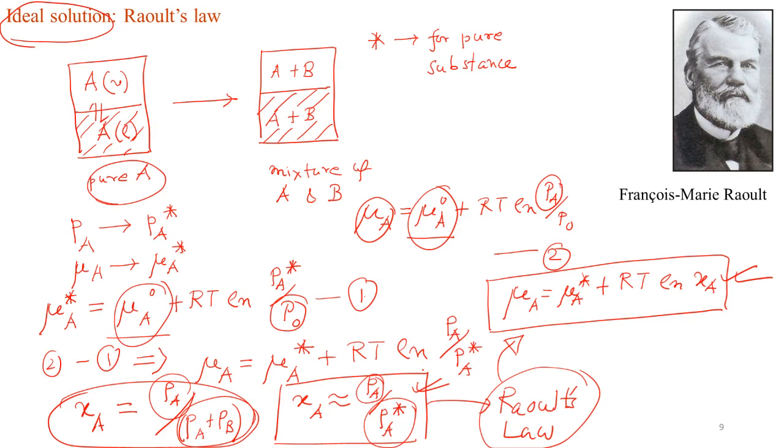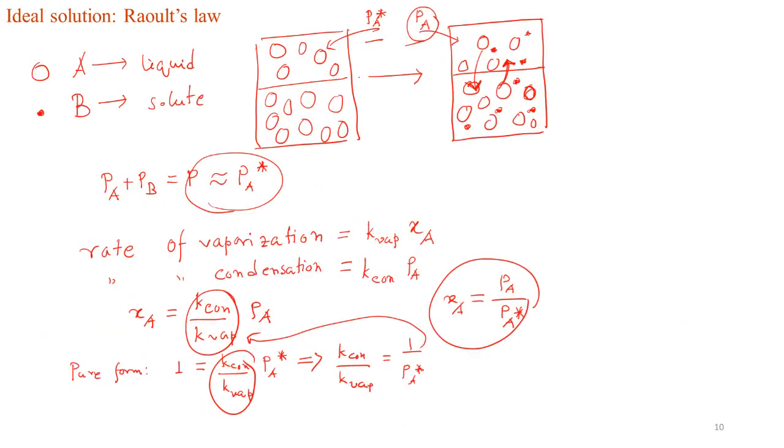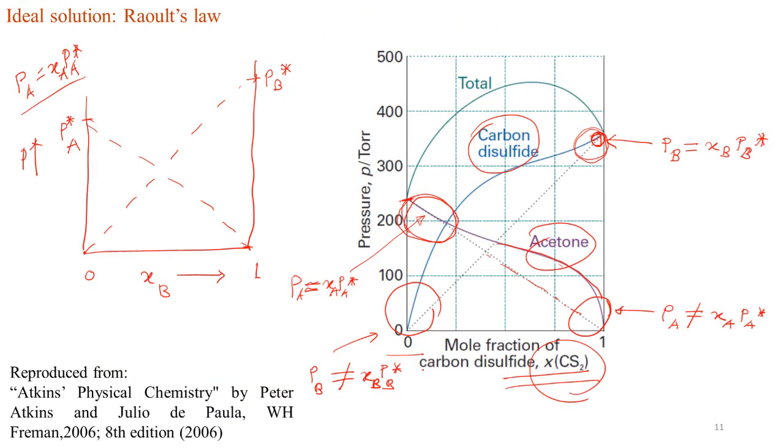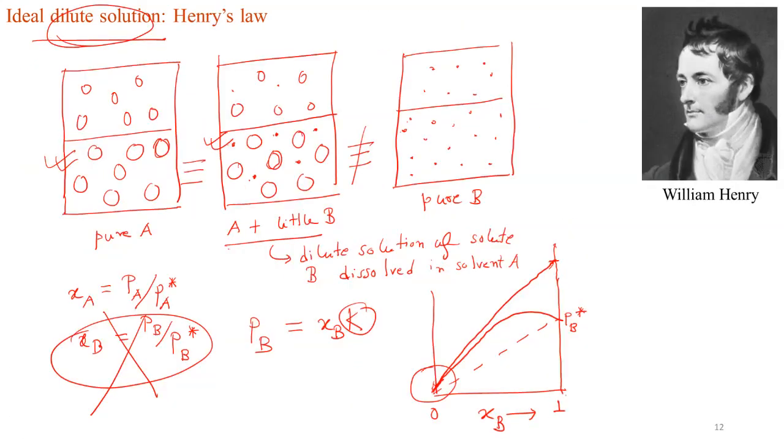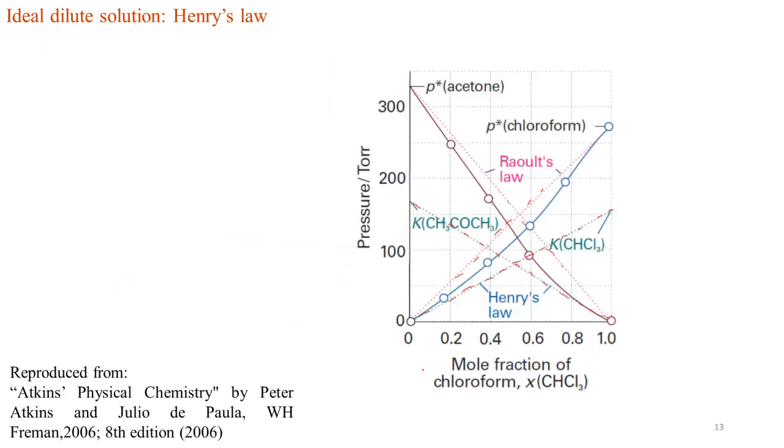Of course, reality is very different, and those systems we call ideal systems, and the solution we call an ideal solution. Now within the ideal solution, Henry's law says that from the solute's perspective, where solute means the component which is very less, Raoult's law fails because the solute is in very small amount, and then you see a large departure. Now here are some experimental data again. Now coming back to the last part of this section on mixtures.